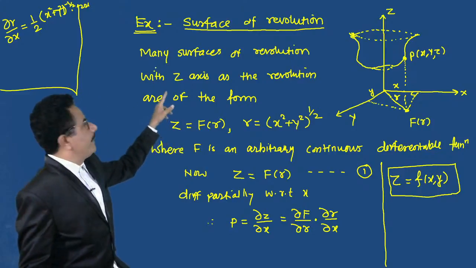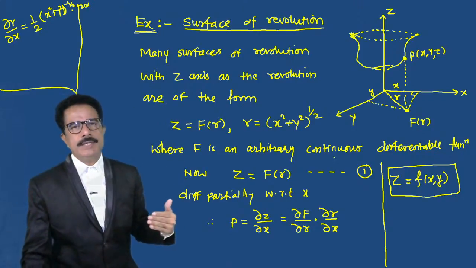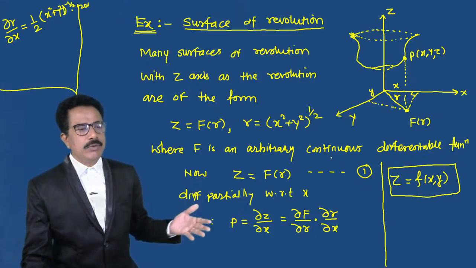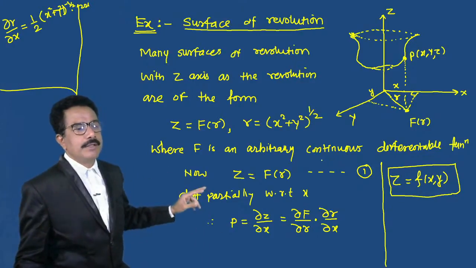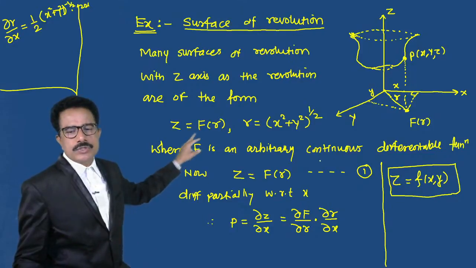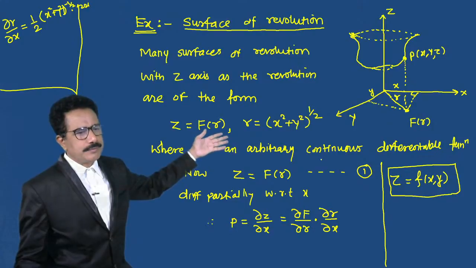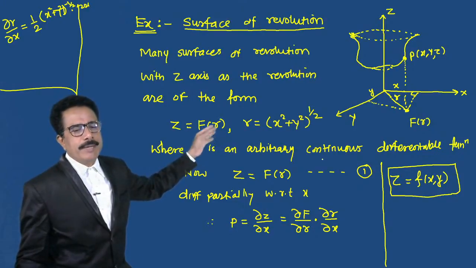So many surfaces of revolution with the z-axis as the axis of revolution are of the form z equals f of r, and we can write r equals (x square plus y square) raised to 1 by 2.